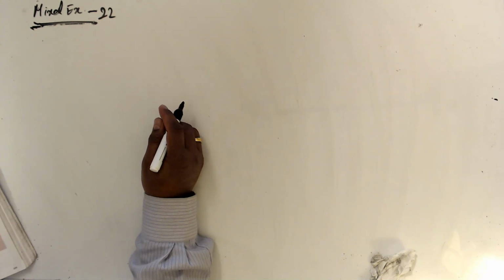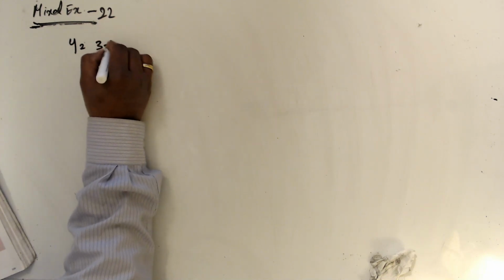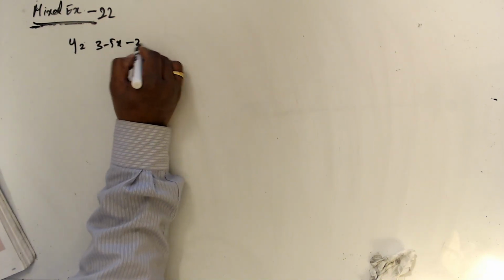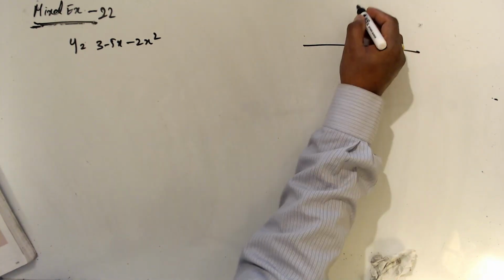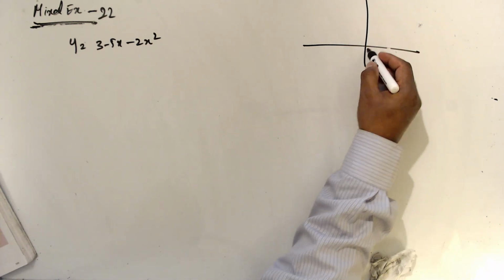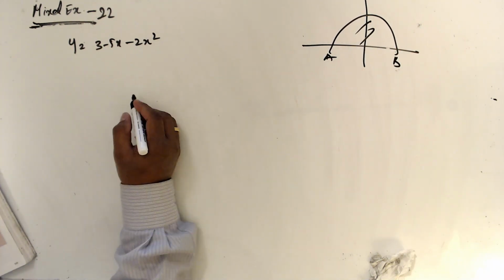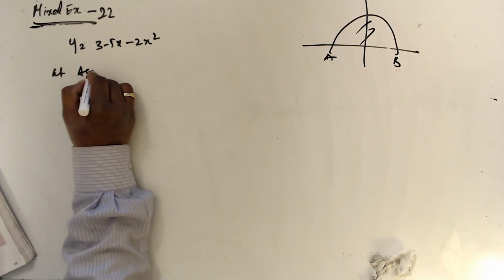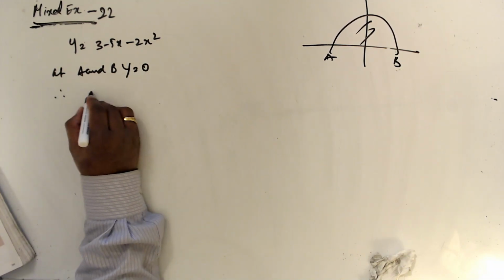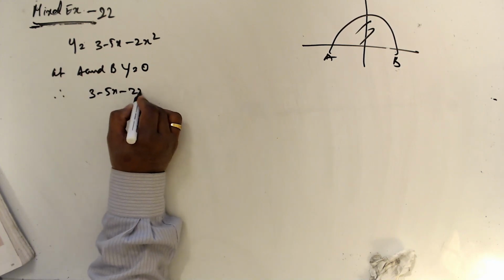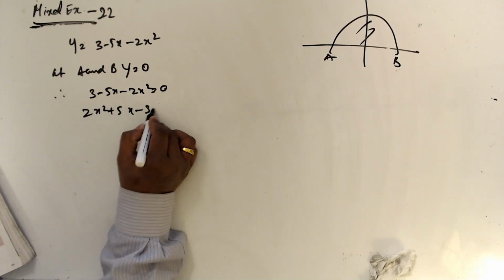Mixed exercise question number 22. Y equals 3 minus 5x minus 2x square. We need to find points A and B. So at A and B, y equals 0. Hence 3 minus 5x minus 2x square equals 0. 2x square plus 5x minus 3 equals 0.